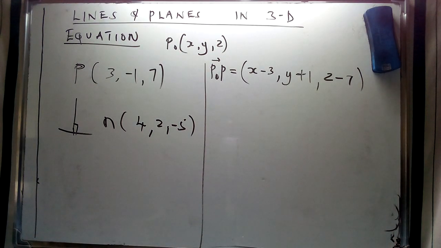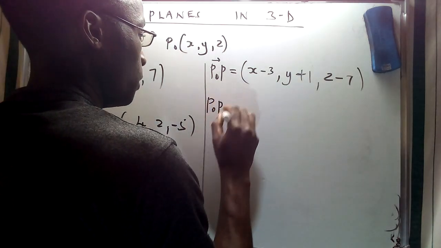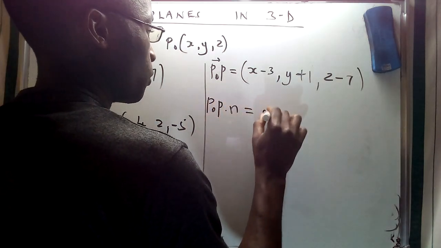So in this case we have this one together with the normal, and this is given as P0P dot normal, which is equivalent to 0.